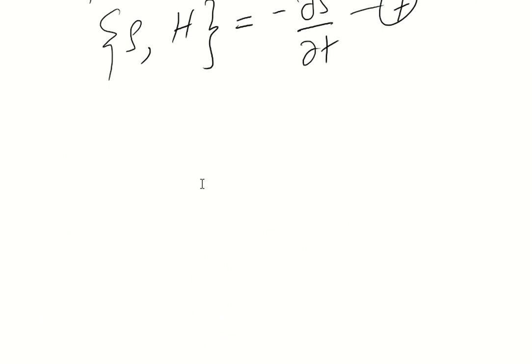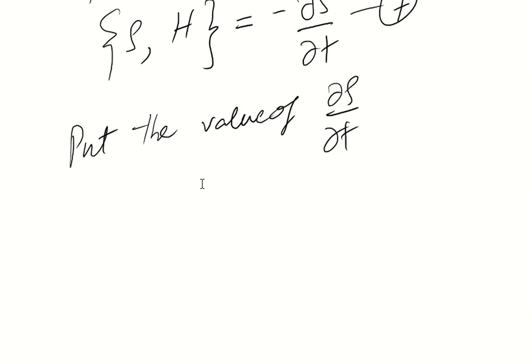So we put the value of partial rho over partial t in equation 3.